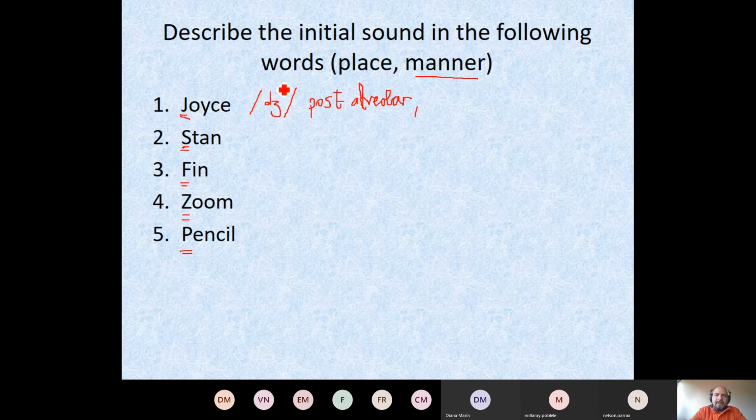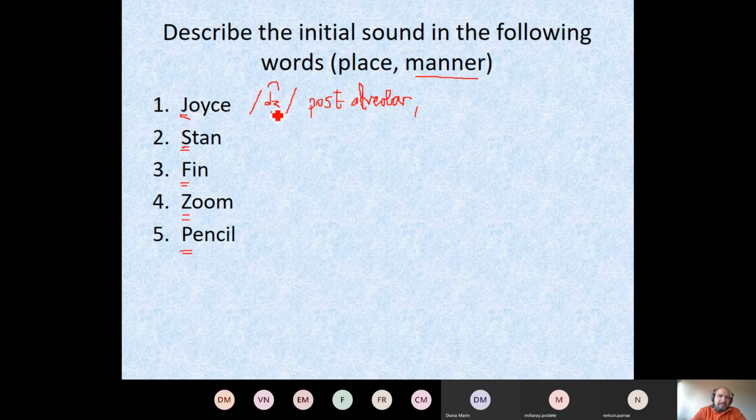Is there a stop and then a friction? There is friction, exactly. When you say joys, there is a stop here, and then a fricative. So this is a combination of two sounds.